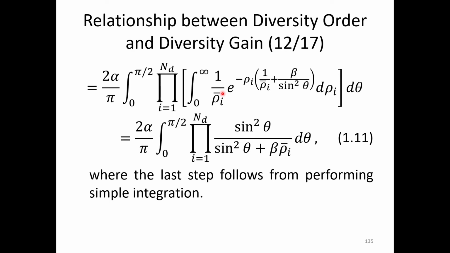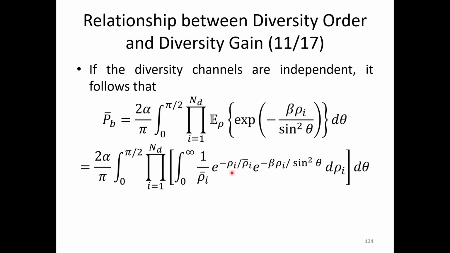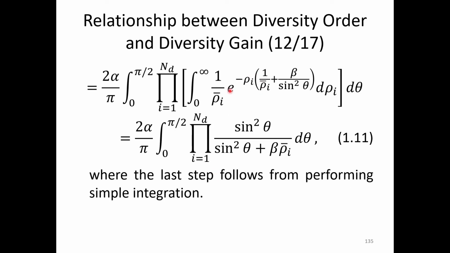Then we can see that there is a common term here. Here is a minus rho I, here is also a minus rho I. So we can combine these two exponential functions like this, and move the common term minus rho I in front of the exponent.